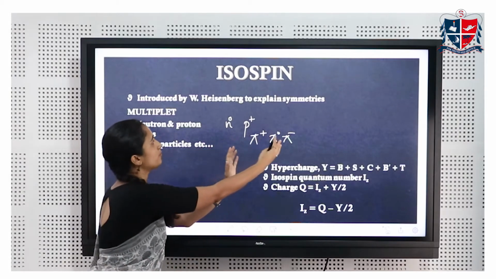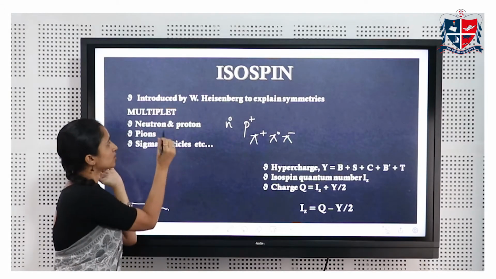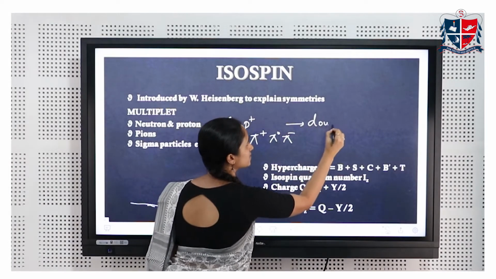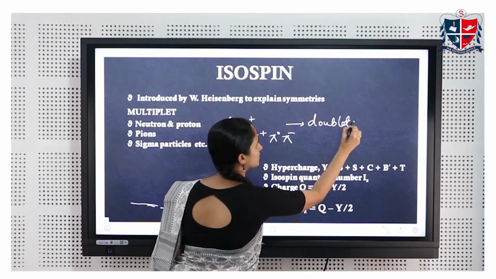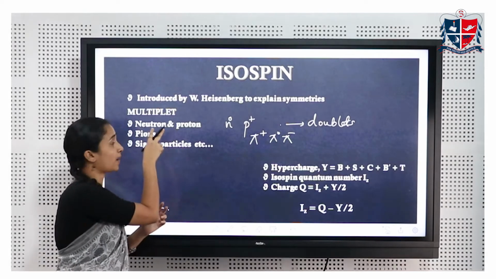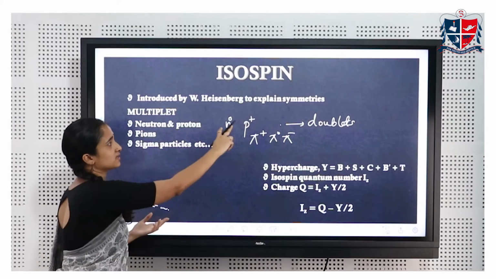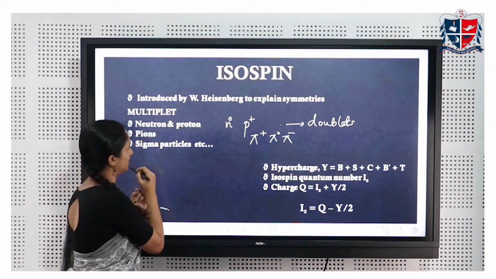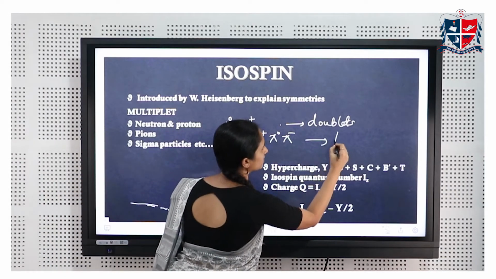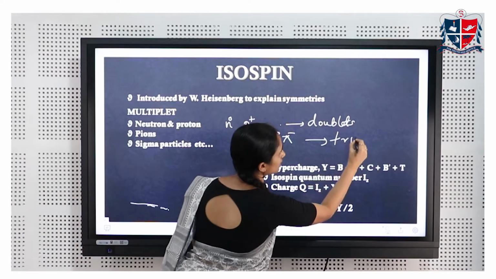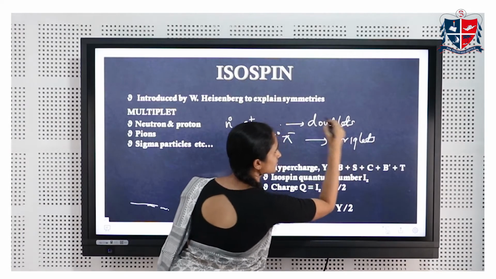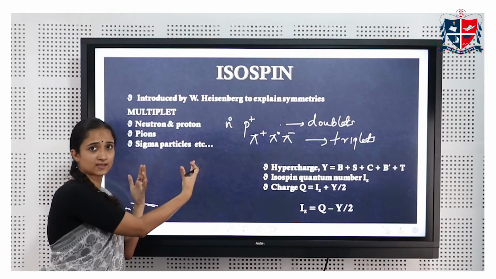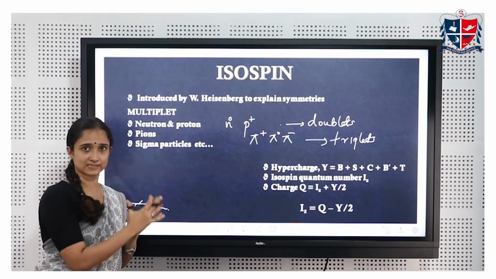This kind of group, we call a multiplet. The neutron and proton are doublets, because you have two particles with similar properties, just different charges. Similarly, pions and sigma particles are triplets. Any particle which exists in multiple states, you call a multiplet.